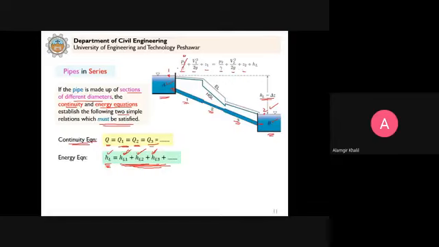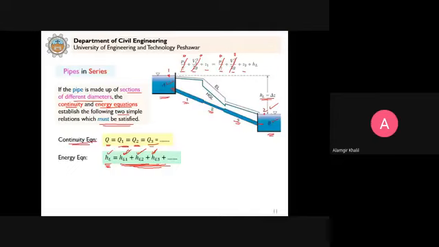This is 0 because here is the atmospheric pressure. V1 square by 2g is 0, because the velocity here is very small at this point 1. And P2 by gamma is 0, because this pressure is again atmospheric here. Similarly, V2 square by 2g is equal to 0, because here again the velocity is very, very small.